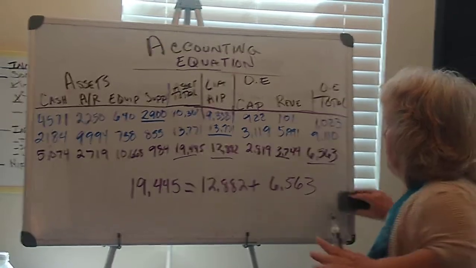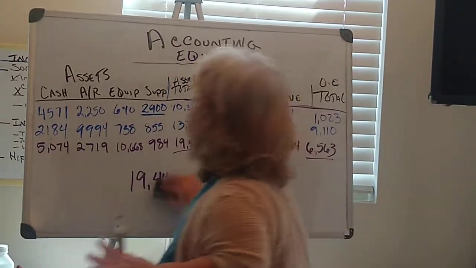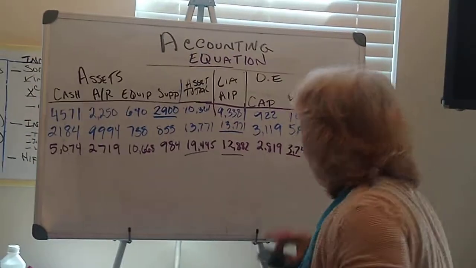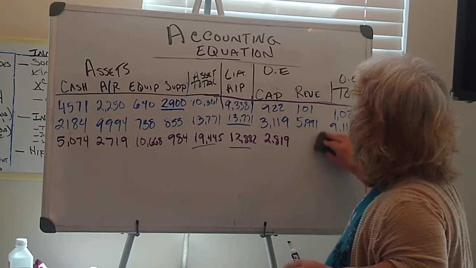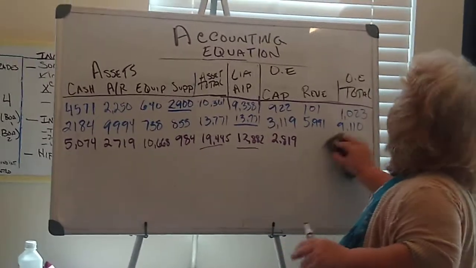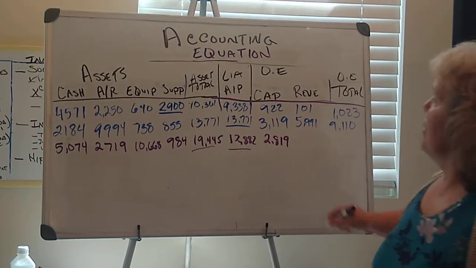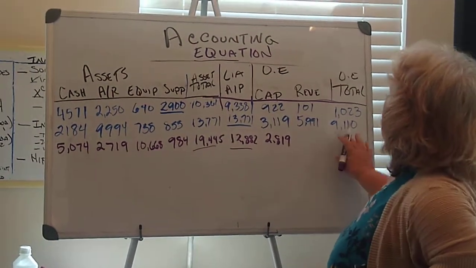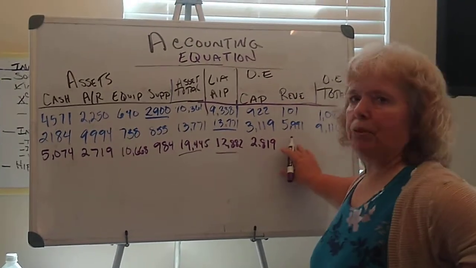Let me show you something real quick. I know I was going to do just that one, but let's say, for instance, you are missing this information, but also this information. Okay? Let's say you were missing the total owner's equity and all you had was the capital, and you're missing the revenue.